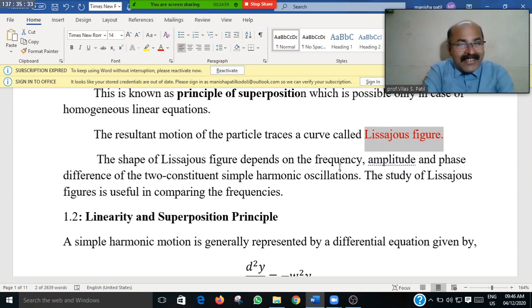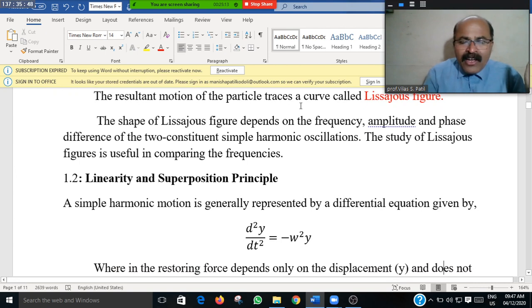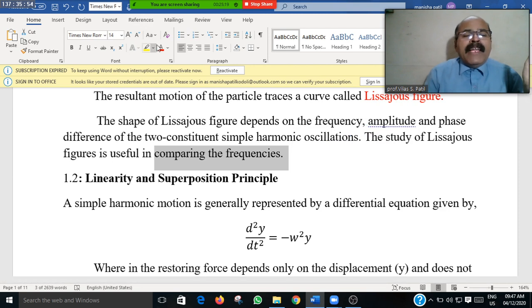There are two different SHMs, two harmonic oscillations, and the phase difference between the two constituent simple harmonic motions matters. The study of the Lissajous figure is useful to compare the frequency.